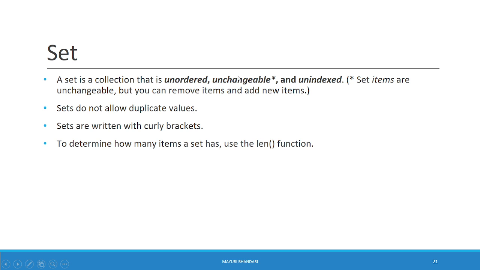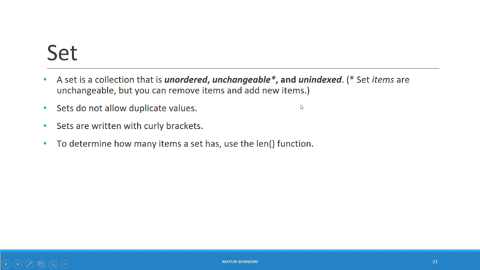Here unordered means you cannot access elements of a set using index. Unchangeable means you cannot change elements in the set. The star specifies that set items are unchangeable, but you can remove items and add new items.